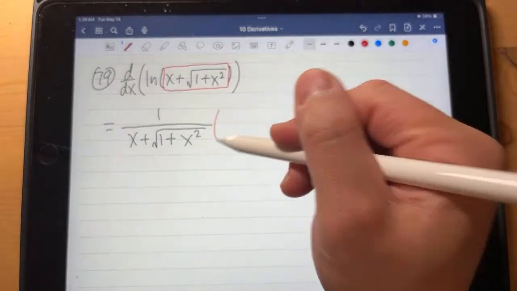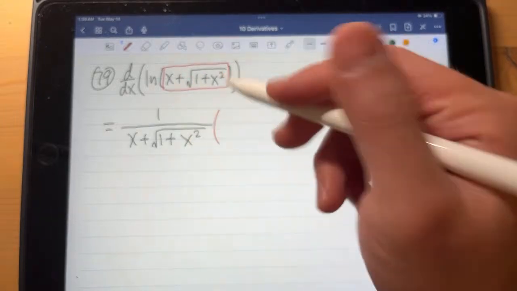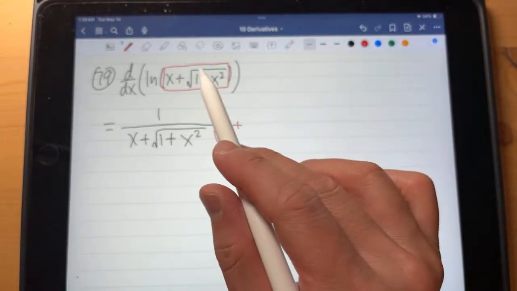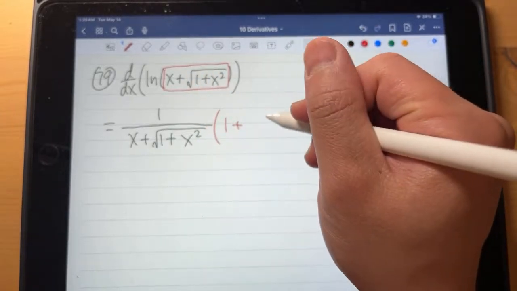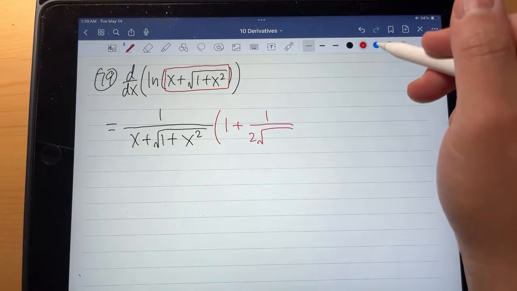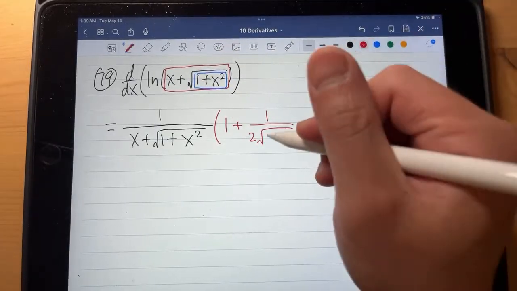Then we are going to multiply by the derivative of the box. Derivative of x is equal to 1, and then we add the derivative of square root. Now, the derivative of square root is 1 over 2 square root of whatever that inside is. So we have that right here.